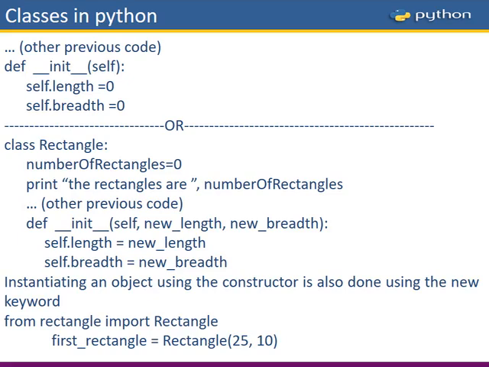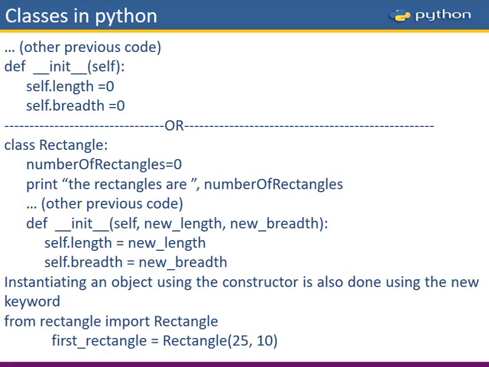So we have the class Rectangle, number of rectangles, print the rectangle. We have def, the constructor __init__, and inside the brackets we have self, and self refers to the current object, and new_length, new_breadth. So self.length equals new_length and self.breadth equals new_breadth.